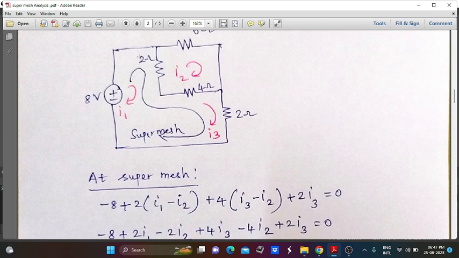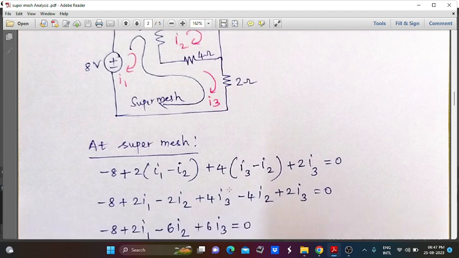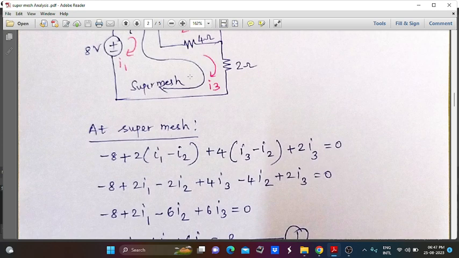So the 2 ohm resistance is multiplied with the difference of the two currents I1 and I2: 2 into (I1 minus I2), plus this 4 ohm resistance connected in between I2 and I3. Now we consider I1 and I3 and also the entire super mesh. So 4 into (I3 minus I2) plus 2 into I3 equal to 0. So this is the equation for the super mesh.